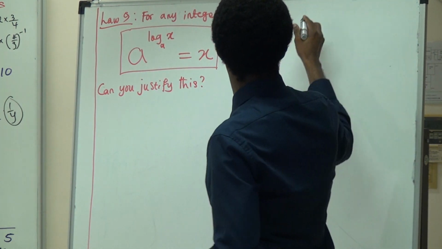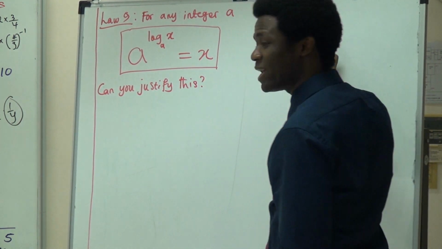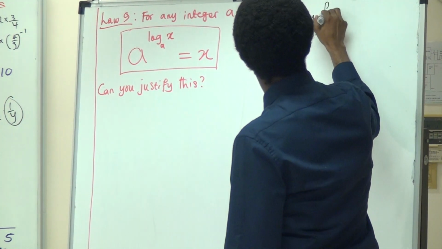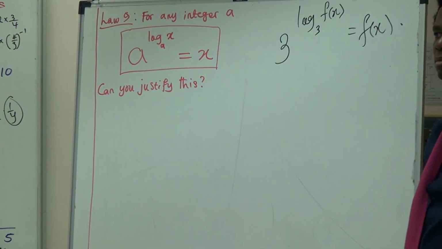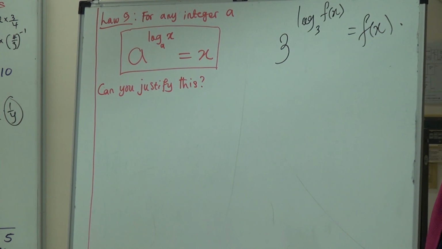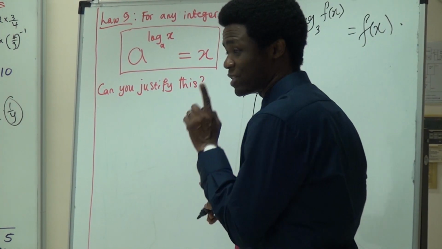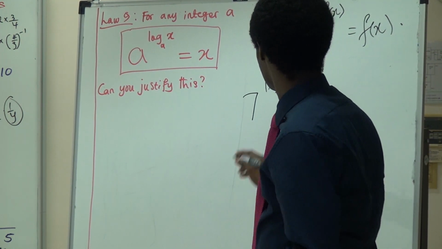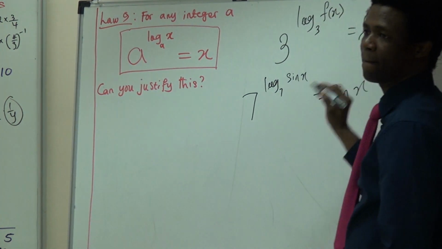So if I have 3 raised to power and this base is 3, whatever function of x is what remains. If I have 7 and this is log to base 7 and this is maybe sine x, the result is just sine x.